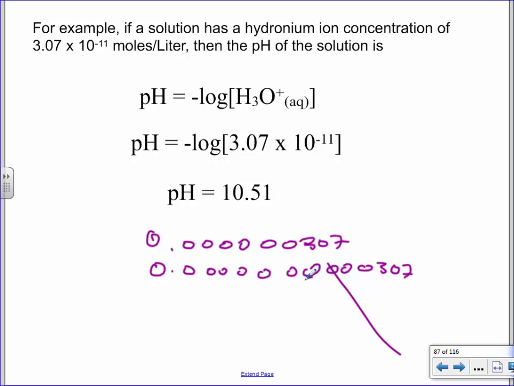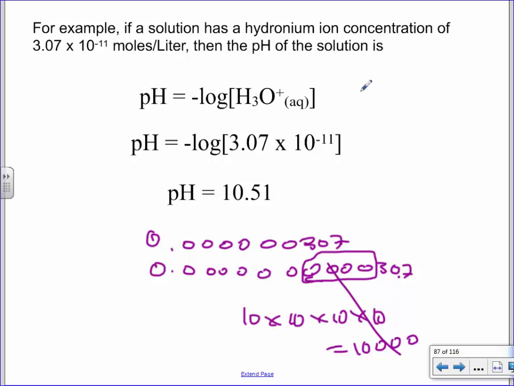There are 4 extra zeros from this number to this number right here, which means that it's not actually 4 times weaker, it's 4 tens weaker. So really, it's 10 times 10 times 10 times 10. It's actually 10,000 times weaker. Does that make sense? That's how exponents and logarithms are going to work in this section.